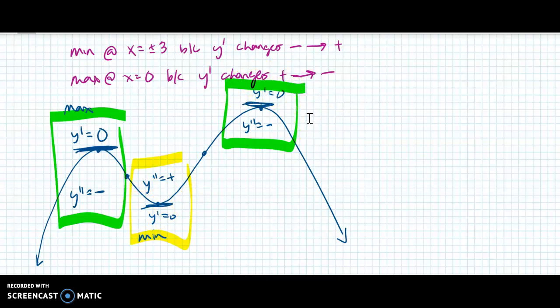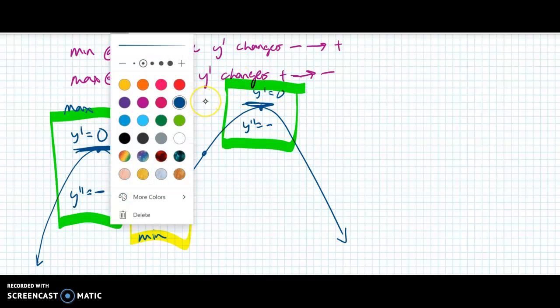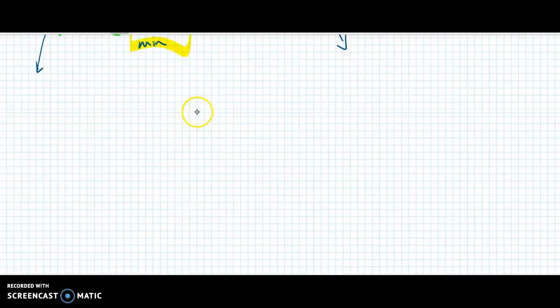So that leads us to what the second derivative test says. I'll write it out.